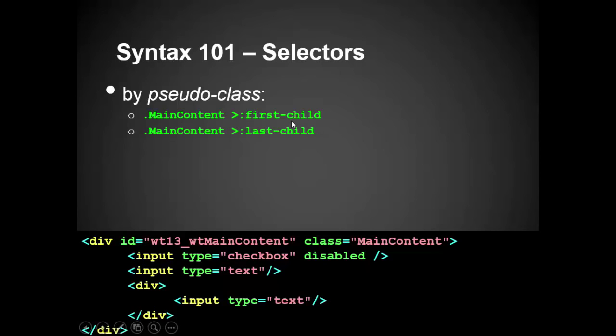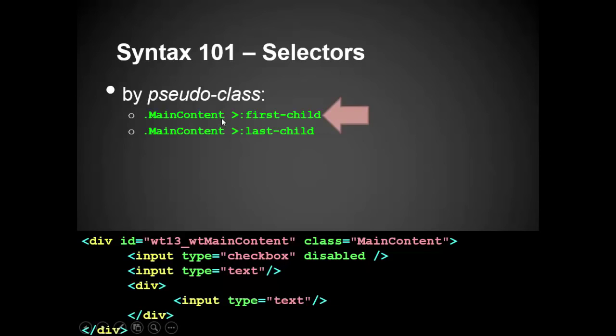So how can we read this? This is my preferred way, the way that I think is the easiest to do it. We start by the end. We are going to select the first child that is a direct descendant, and this symbol actually means direct descendant, of an element that has the class main content.